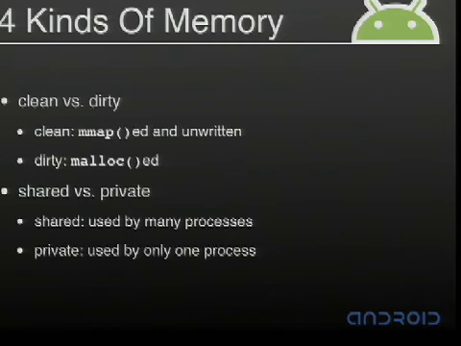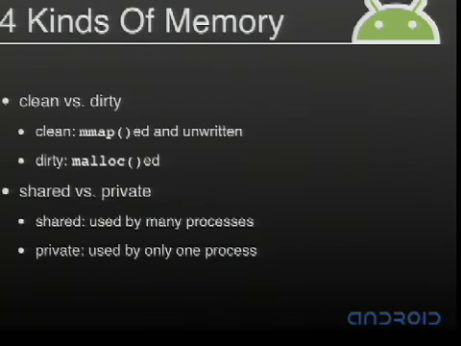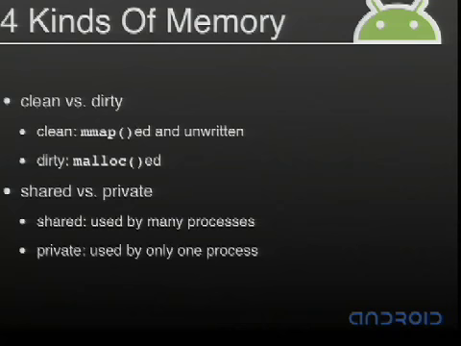And shared is better because any cost of that memory that is going to have to stay in main memory until it gets freed, that cost is at least amortized across multiple processes. So shared clean is even better than private clean, but either kind of clean memory is good. Private dirty is the kind of memory that we want to minimize.